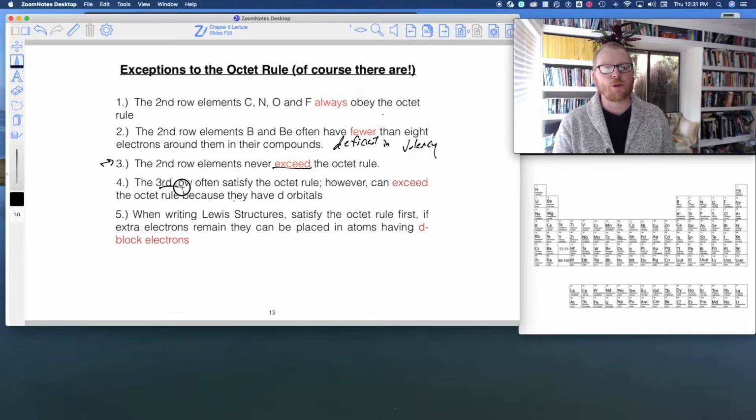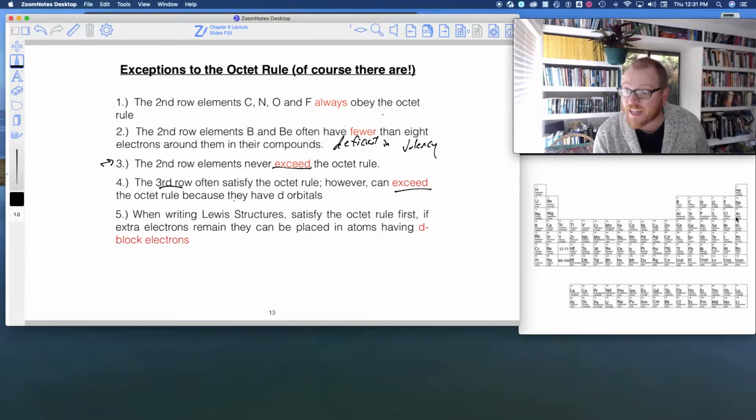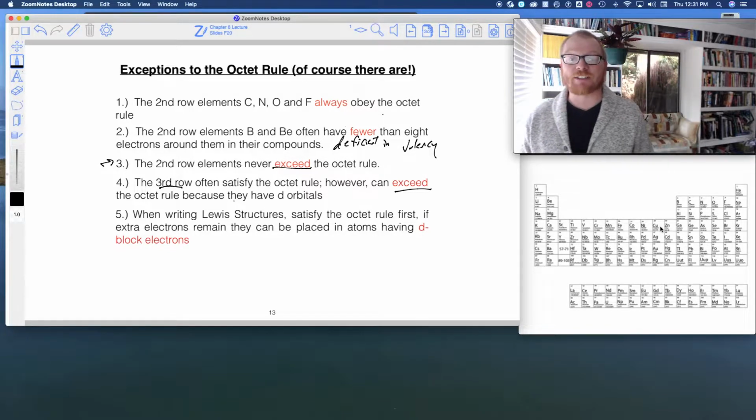However, the third row elements, so now starting with sodium, magnesium, aluminum, silicon, etc., and below, they often satisfy the octet rule. However, they can exceed the octet rule because with that level 3, 3d is possible.